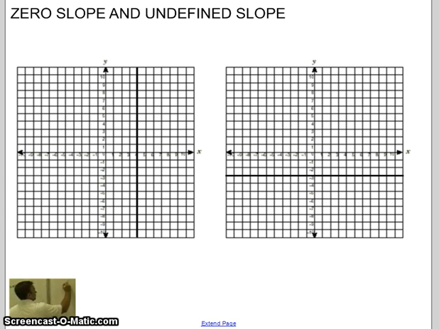Now, zero slope and undefined slope. Zero slope is when we have y equals. If you remember from previous sections, y equals is a horizontal line at that point. So we're at point negative 3, so y equals negative 3. When we have y equals negative 3, there is zero slope, or m equals 0.